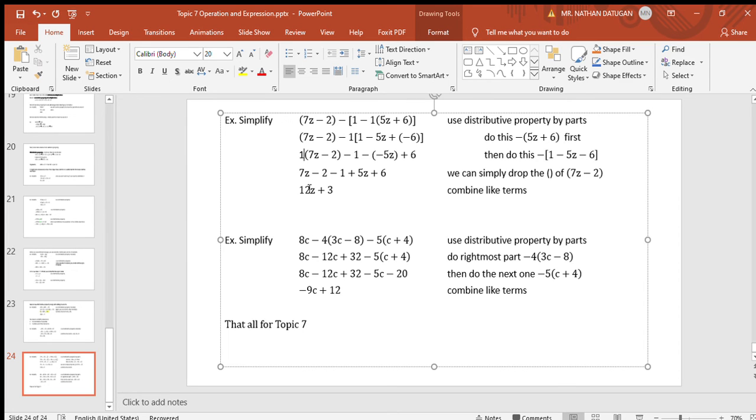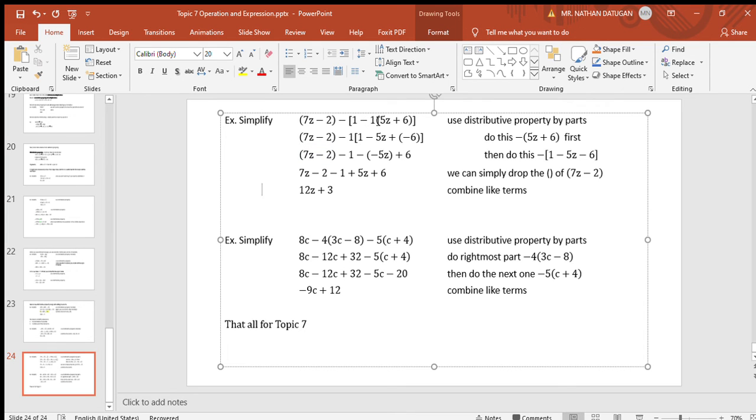It basically gives you the same thing. So 1 times 7z is basically 7z, and 1 times 2 is basically 2. The operation doesn't change, minus minus. So essentially, instead of distributing, you can simply drop the parentheses. You can simply drop this parentheses and this parentheses and just drop it here.